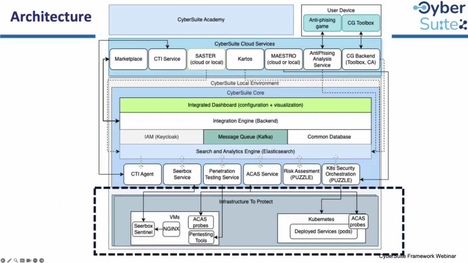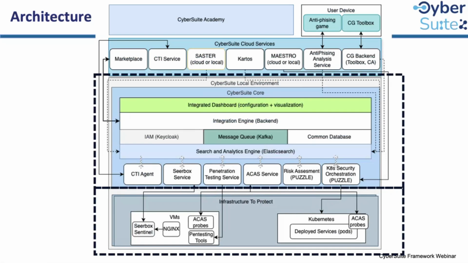So you see below what could be the agents approach. It's not always agents; some of the tools are agentless. But the idea is that we have an infrastructure that we want to protect, and we have some services applying protection, mainly SeerBox and ACAS, but also Puzzle. These are the main protection services. We also have a pen testing service that can be used to generate tests.